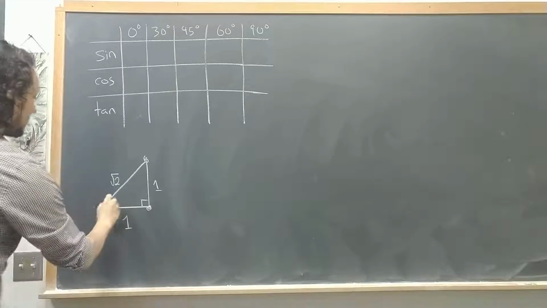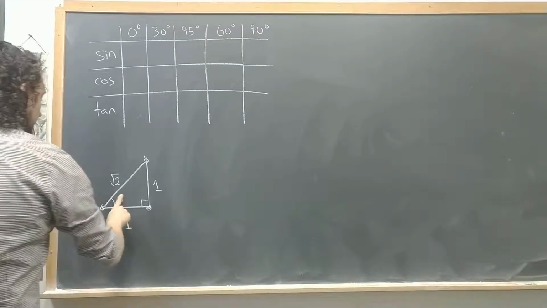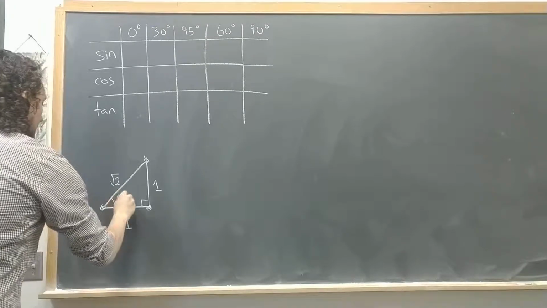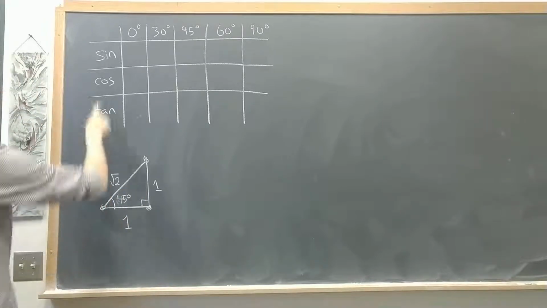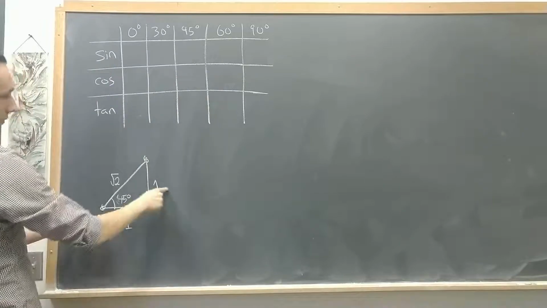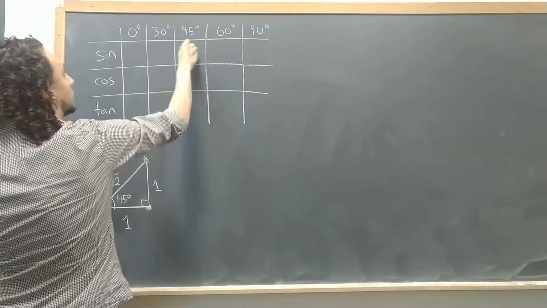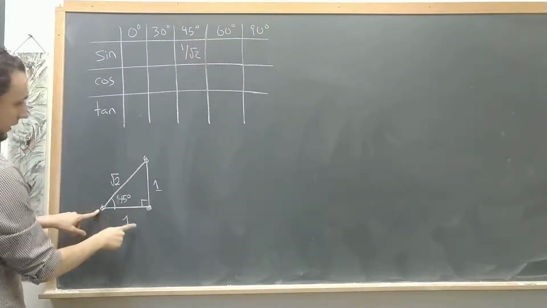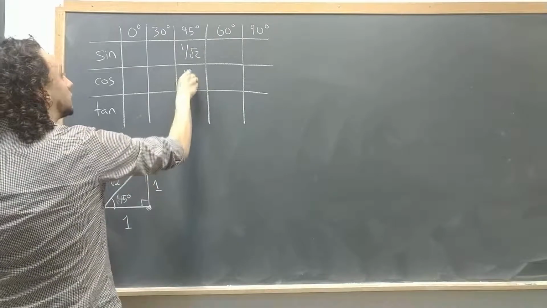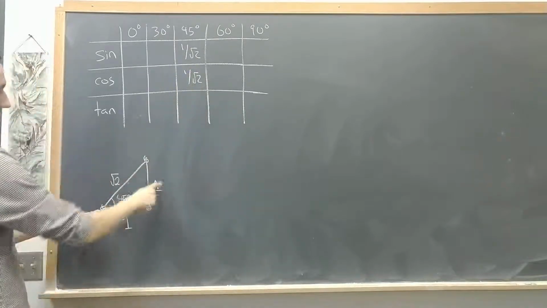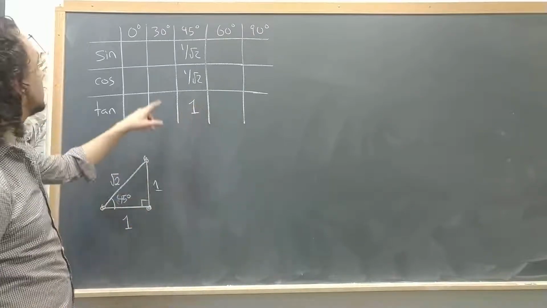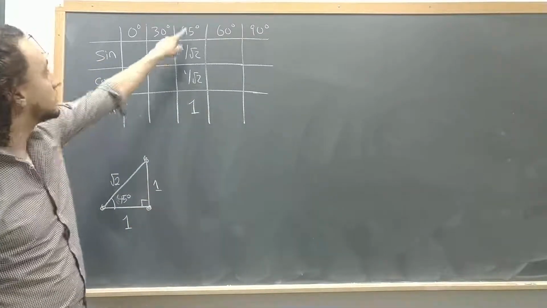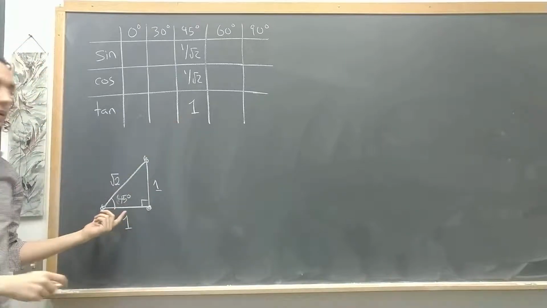And so we get this theta, which is 45 degrees, by the symmetry of the triangle, gives us a value of sine of 45 degrees, opposite over hypotenuse, that's 1 over √2. Cosine, adjacent over hypotenuse, also 1 over √2. And tangent, opposite over adjacent, that's 1.